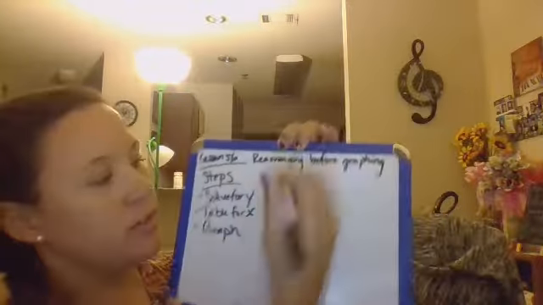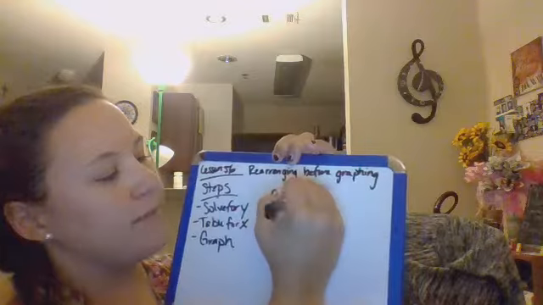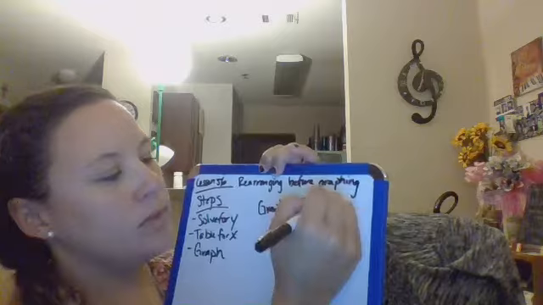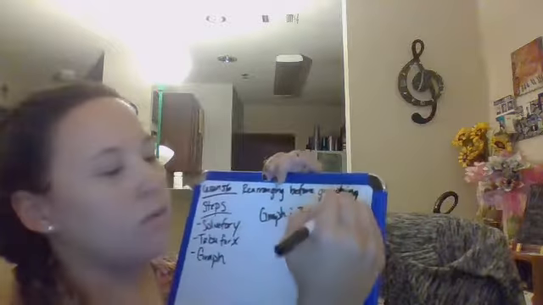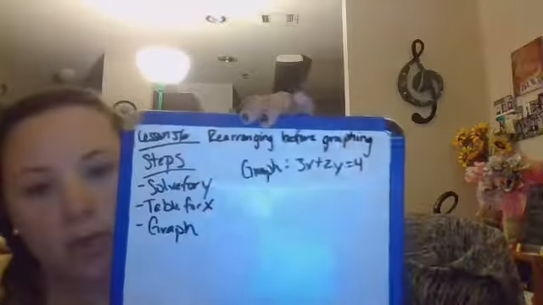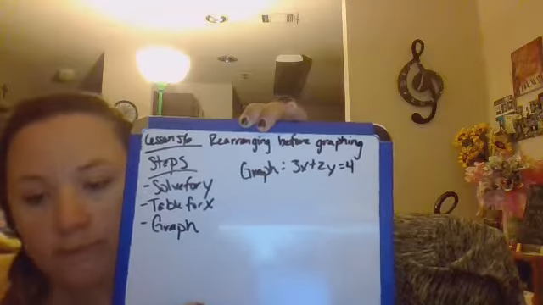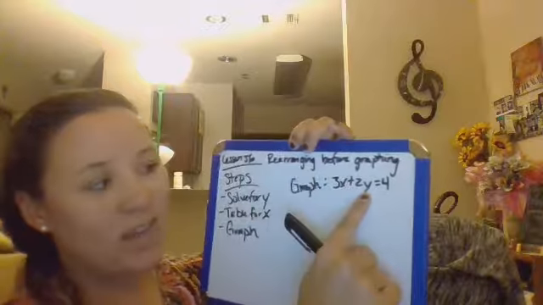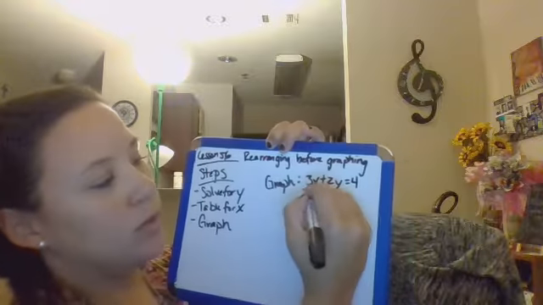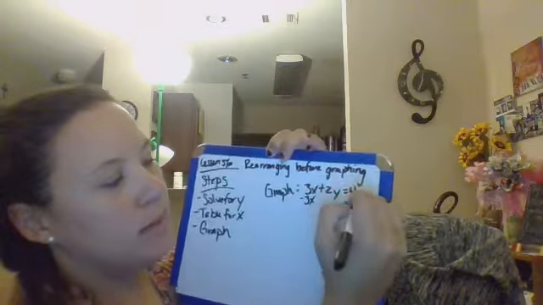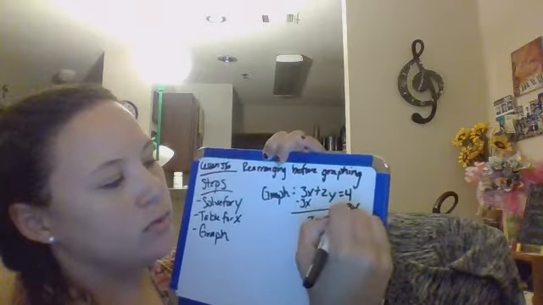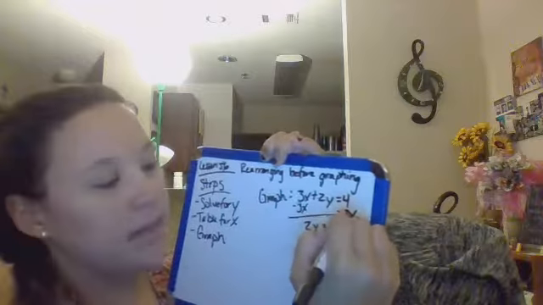All right, our first equation is telling us to graph 3x plus 2y equals 4. Our first step is to solve for y, so we need to get y by itself. First we move over 3x, subtracting 3x, so we have 2y equals 4 minus 3x.